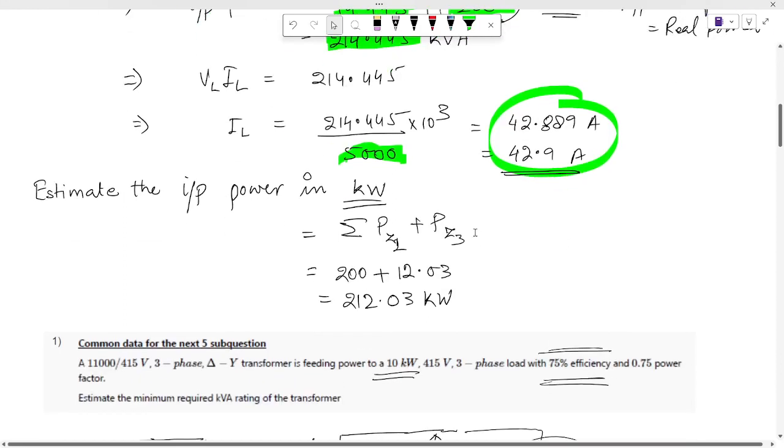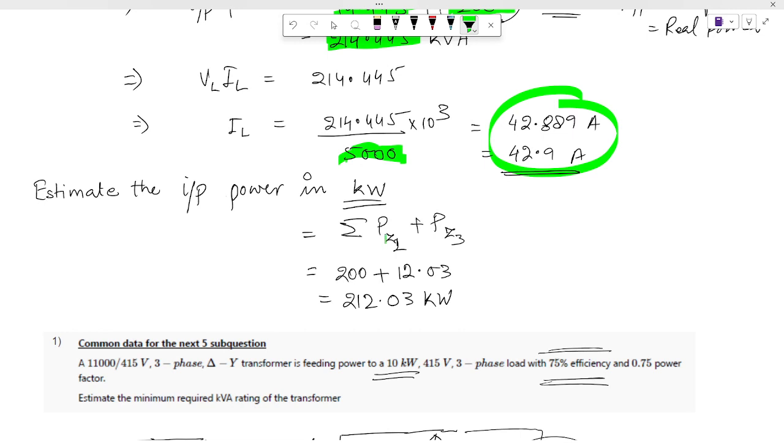So the total input power in kilowatt will be the real power consumed by loads Z2 and Z3. Z3 is consuming 200 kilowatt, Z2 we just found 12.03. So the real power input to the transformer is 212.03 kilowatts.